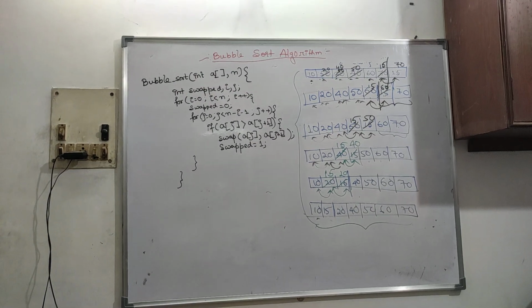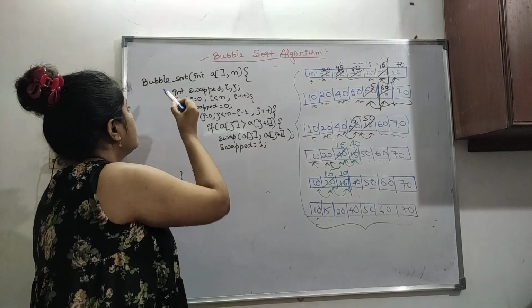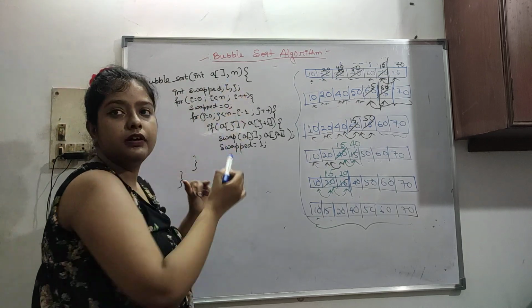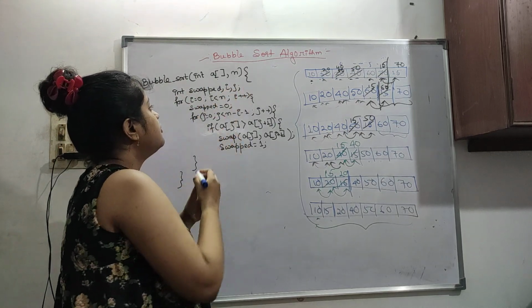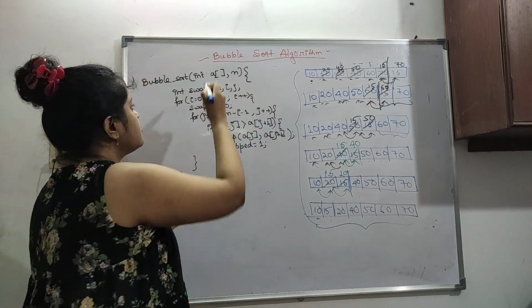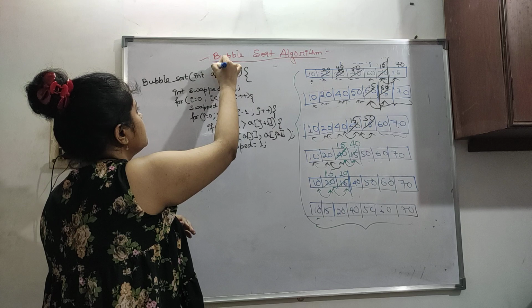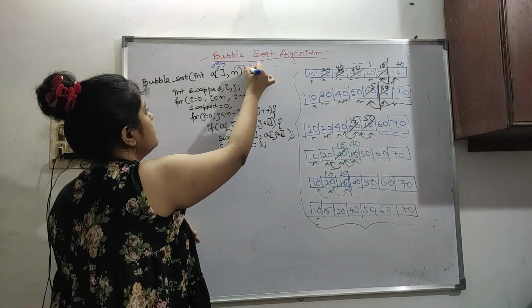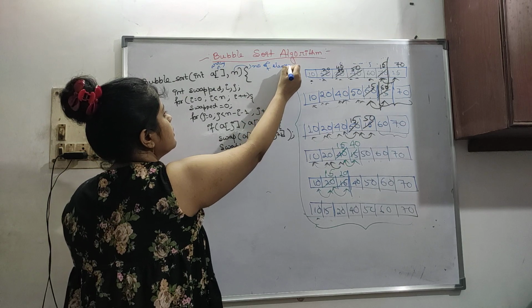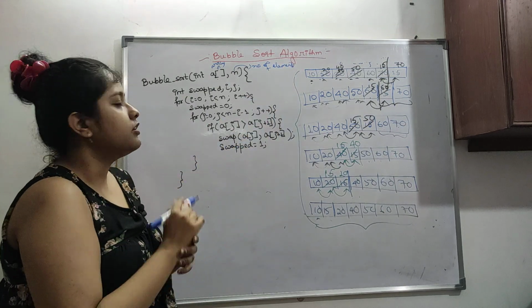So now let's see this algorithm here. So now bubble sort, we are taking this array and the number of integers or number of elements. Okay, so this is the array and this is the number of elements. So this is basically the function signature.